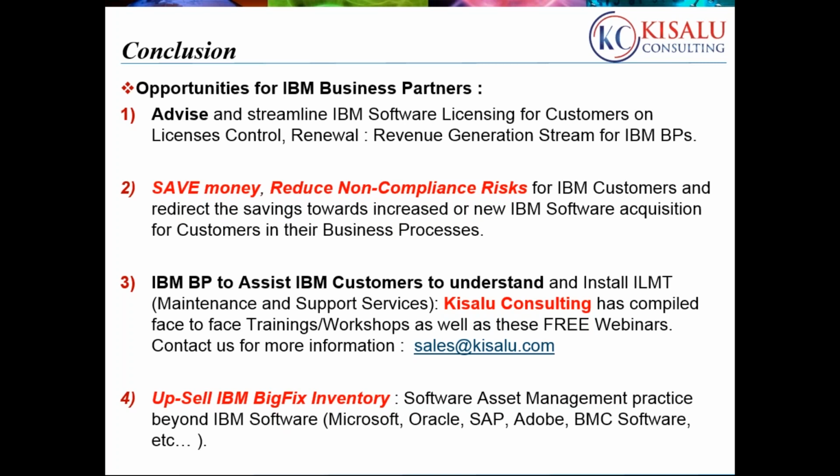IBM business partners can save money and reduce the non-compliance risk for IBM customers, and the saving can be rerouted towards either buying new software or acquiring increased software so that customers can use them in their business processes. Also, IBM business partners can assist customers to understand and install ILMT. There are some maintenance and support services they can derive out of that.